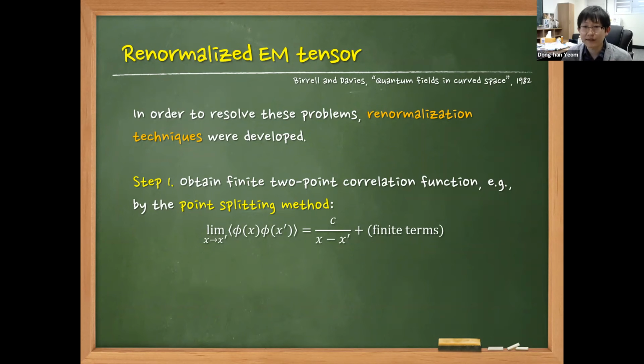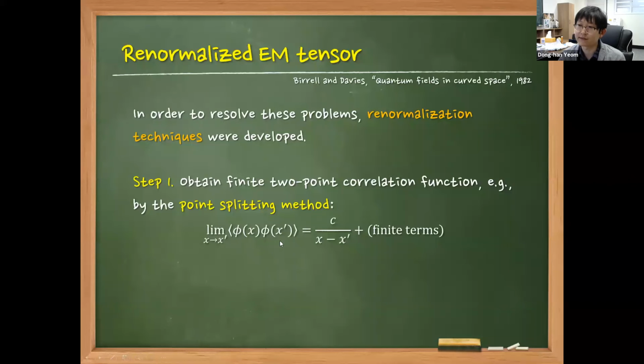Davis and his colleagues in the 1970s found a way: if you introduce the point splitting method, then you can renormalize everything while keeping all the consistent relations. The intuitive meaning of point splitting is that in order to evaluate the two-point correlation function, you consider two different points, x and x prime.